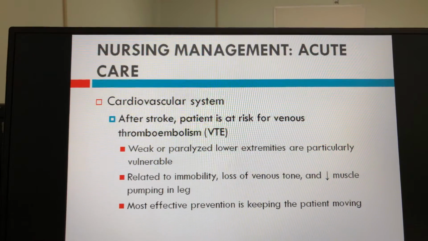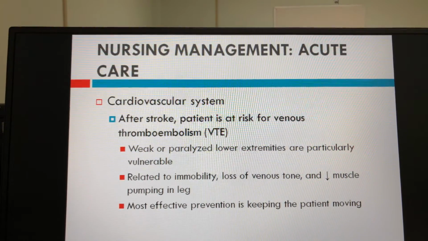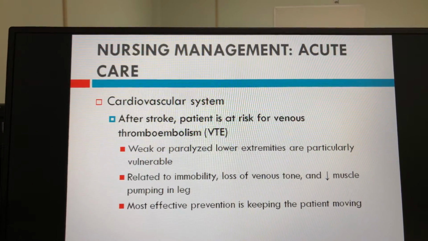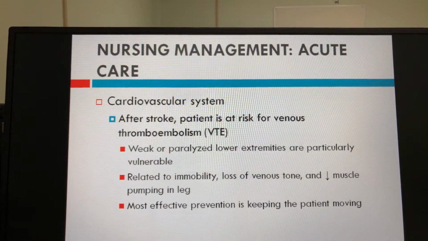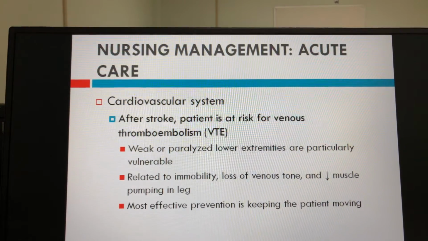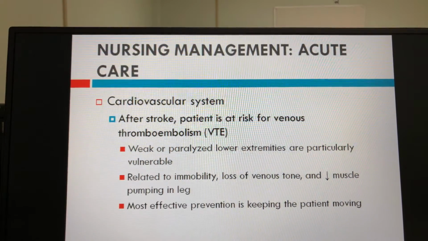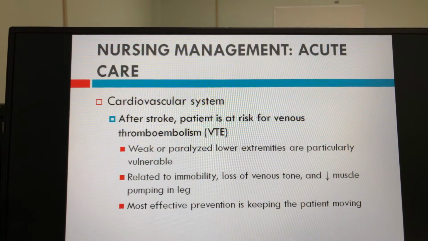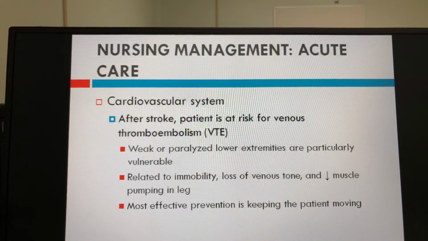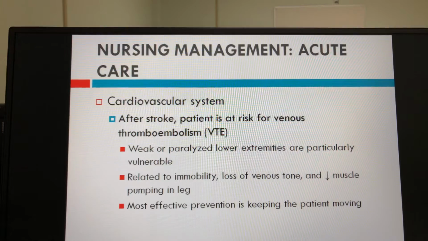We also want to prevent VTE by positioning, and we do that to minimize the effects of dependent edema and using sequential compression devices for the patients who are bedridden. They may have some TED hose on, and they may be on sub-Q Lovenox.